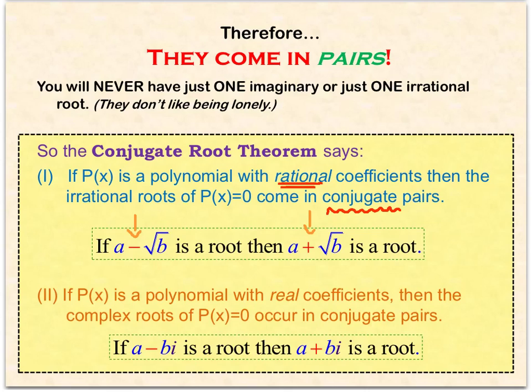Very similarly, if a polynomial with real coefficients has a complex root, then its conjugate pair is also a root. So if a minus bi is a root, then a plus bi is a root. So they come in pairs always. This is due to that plus minus sign outside of the radical for the quadratic formula.